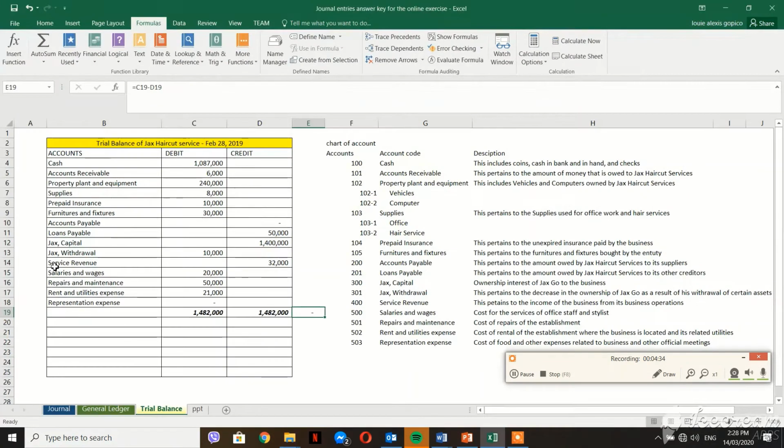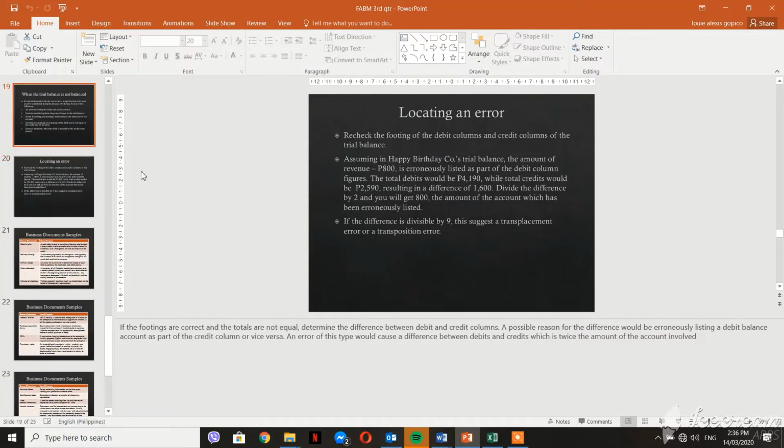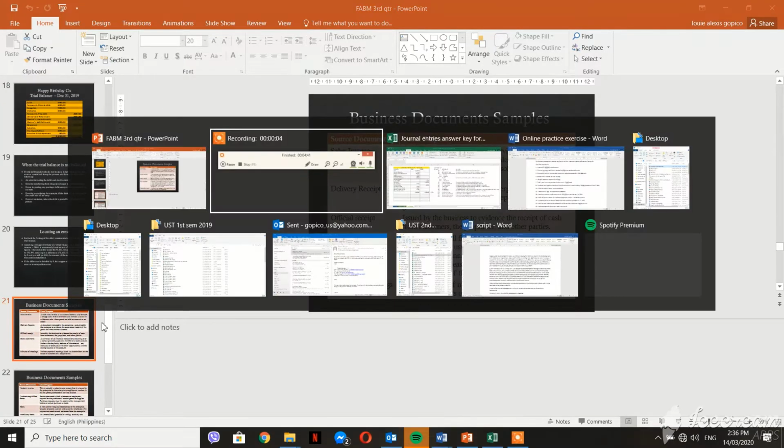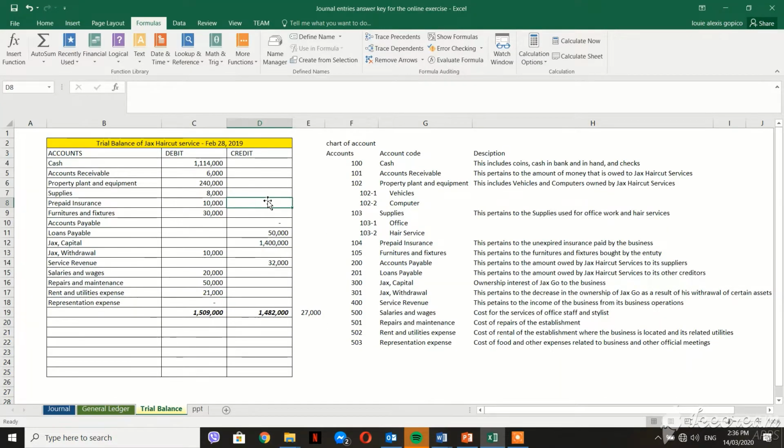In this case, February 28th. Okay? So you should determine the total of the debits and the credits. So it is also known as footing. Footing means you add up the debits and you add up the credits. Okay? You foot them. Okay? Ignore our example here in the PowerPoint because we are already making our sheet work as the example.